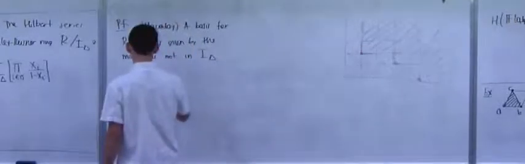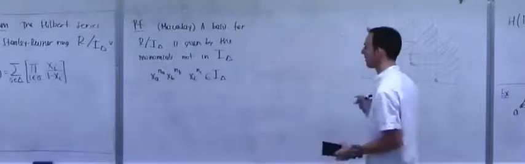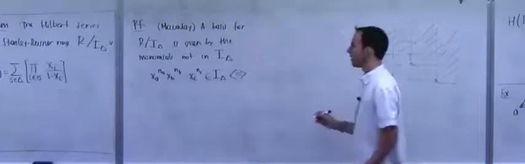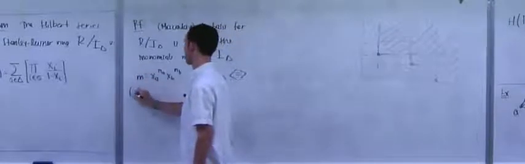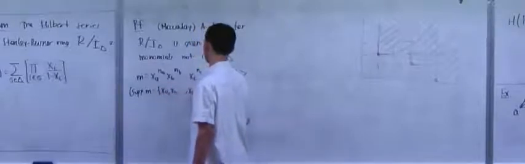Because basically, when is something like x_a^{n_a}, x_b^{n_b}, up to x_c^{n_c} in I sub delta, and here again I'm assuming that the support of M is all of these variables. Okay.